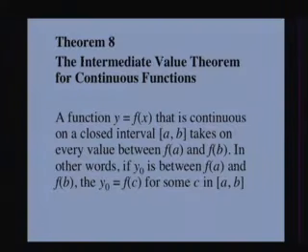A function y equals f of x that is continuous on a closed interval a, b takes on every value between f of a and f of b. In other words, if y sub 0 is between f of a and f of b, then y sub 0 will equal f of c for some value of c in the interval a, b.